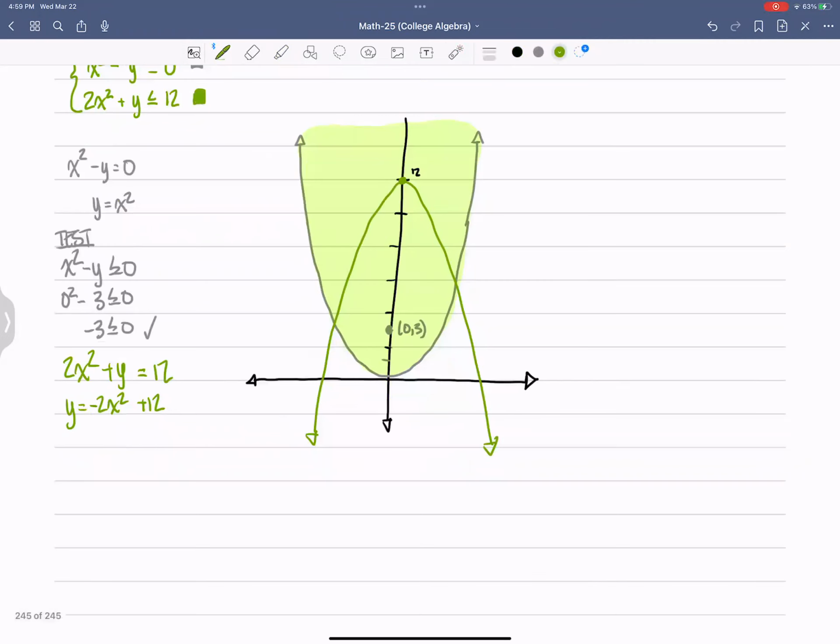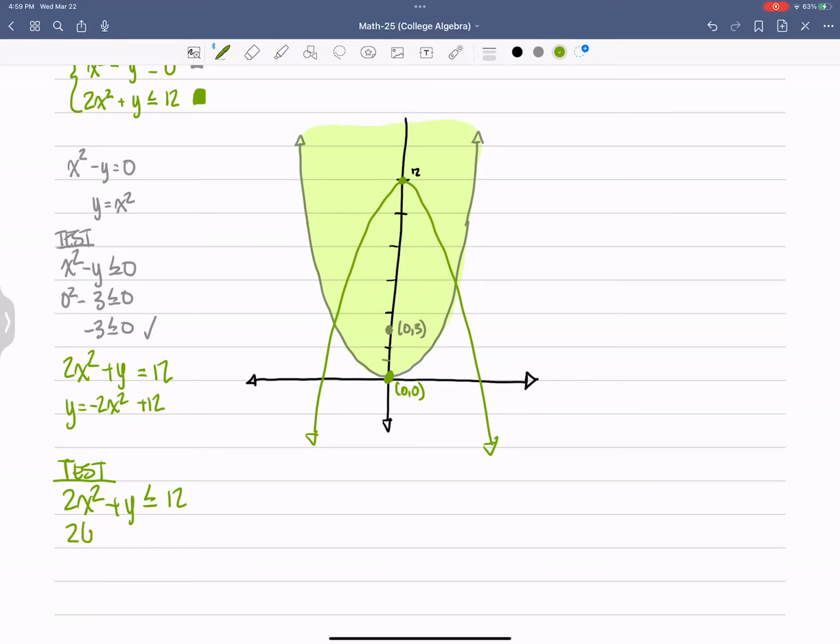Let's test our point. We're going to test the point 0, 0. So we're using our inequality. So 2x squared plus y less than or equal to 12. So we're testing the point 0, 0.